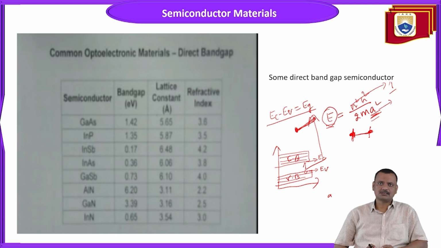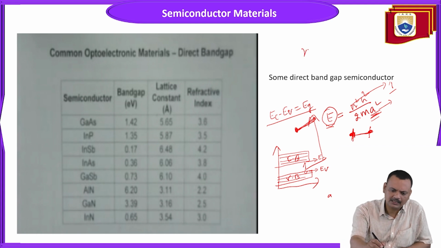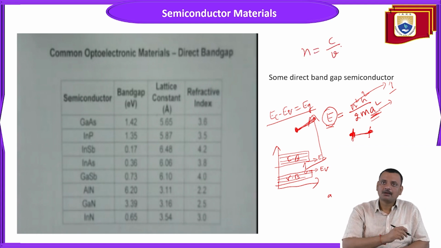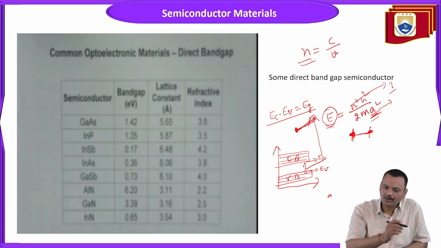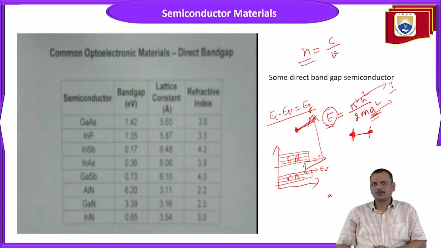That is the point I want to mention here, and the corresponding refractive index is also mentioned. Once the lattice constant value is small, you will get a smaller refractive index value. What is a refractive index? n is equal to c by v, the velocity of light in vacuum divided by the velocity of light in that particular material. If you are getting a lower value of refractive index, what does it mean?